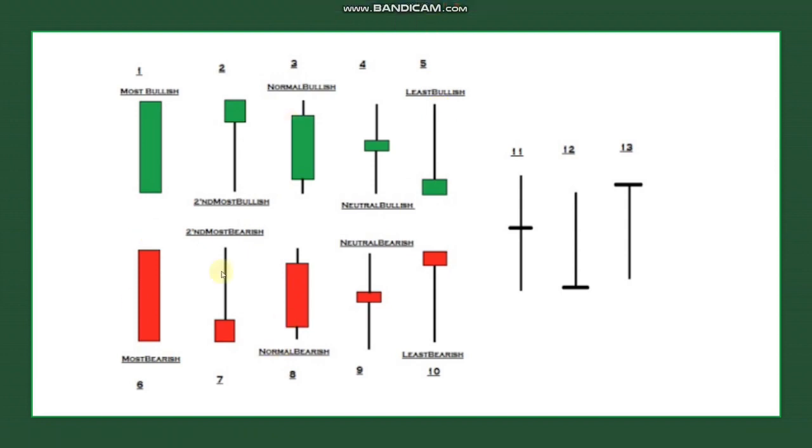Similarly, these are red candles. A pure red candle: the market opened here, no chance for buyers. It was a pure sellers' market, and the market closed here.